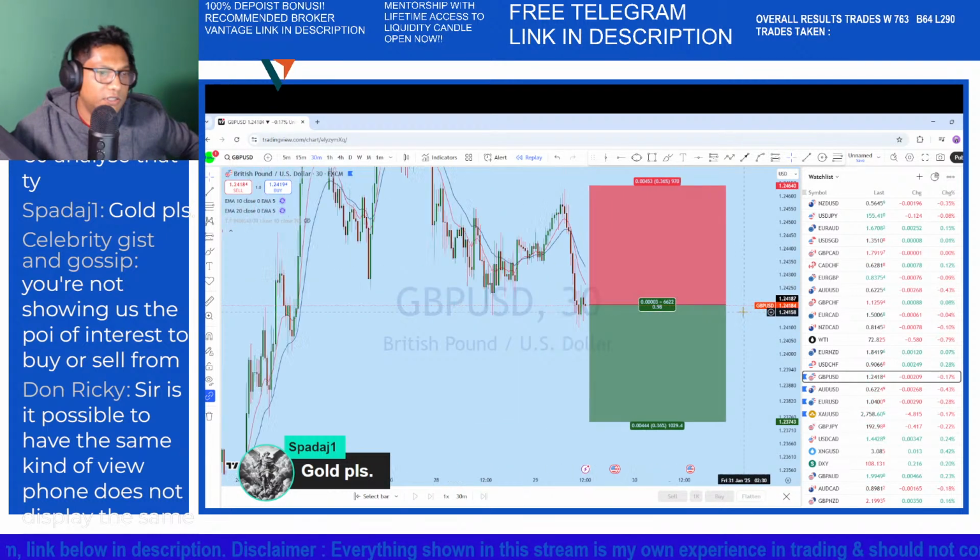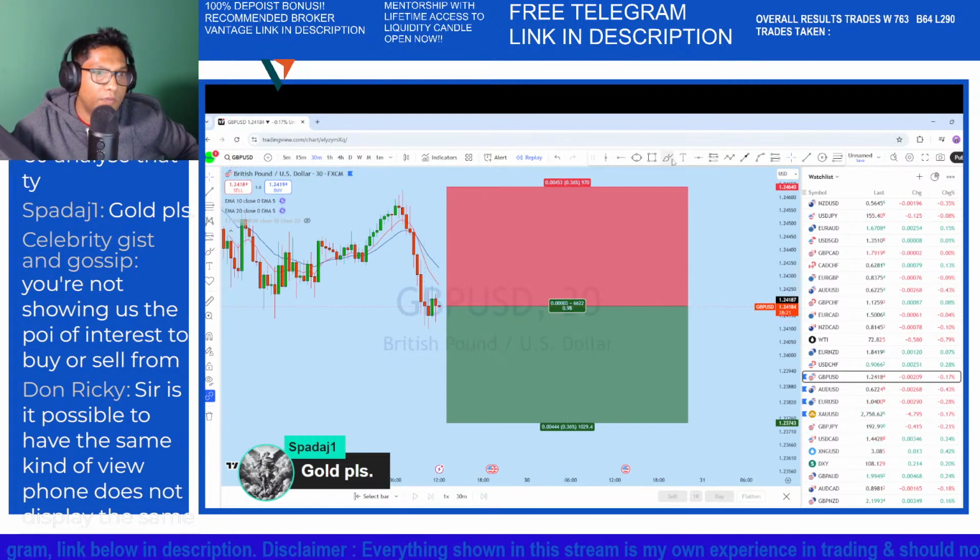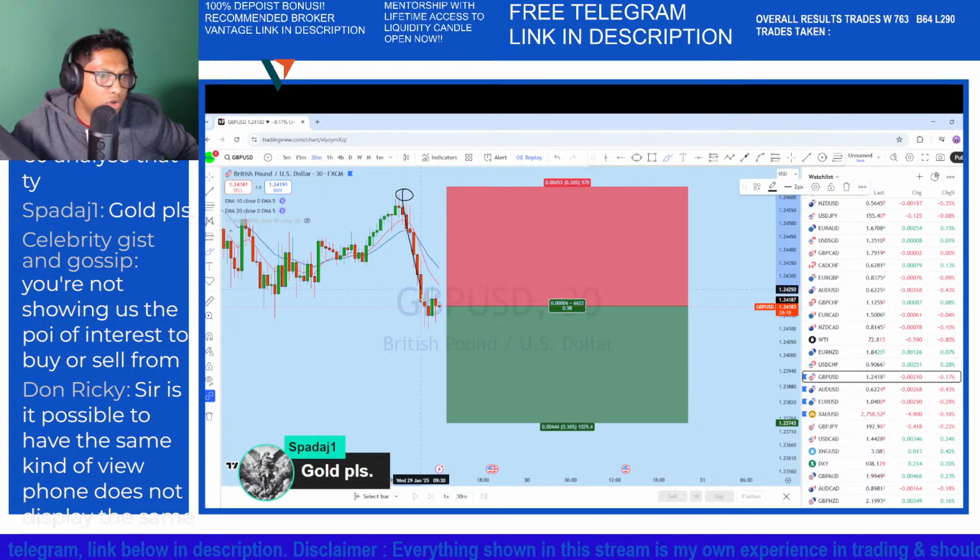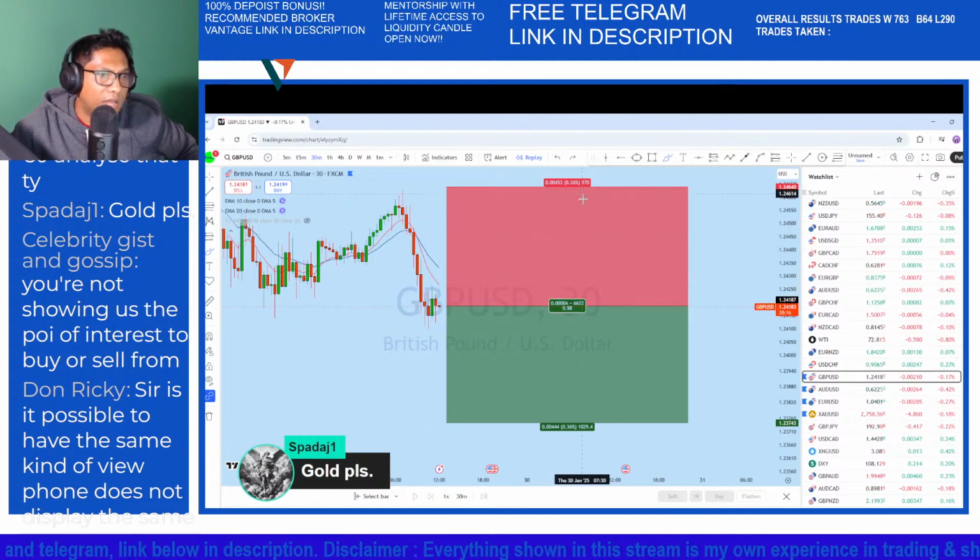Okay, so here is from this level, this is a pretty strong drop followed by this pullback to the upside.